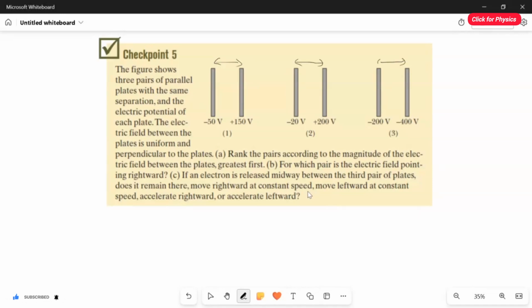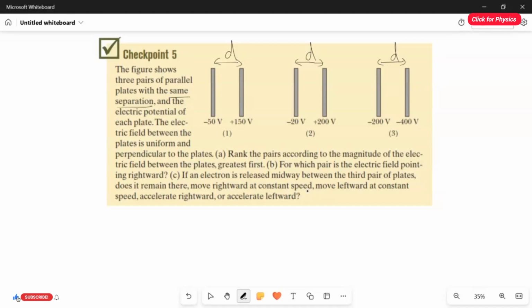So let's call the distance d, because they mentioned the same separation. Clear? And the potential difference is given. The electric field lines move from higher potential to lower potential. So here this is the higher potential plate, and this minus 50 is the lower potential plate.